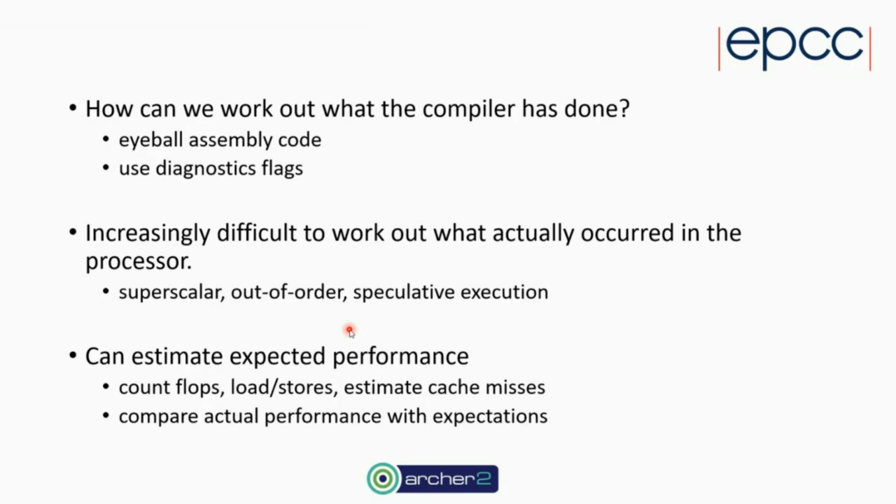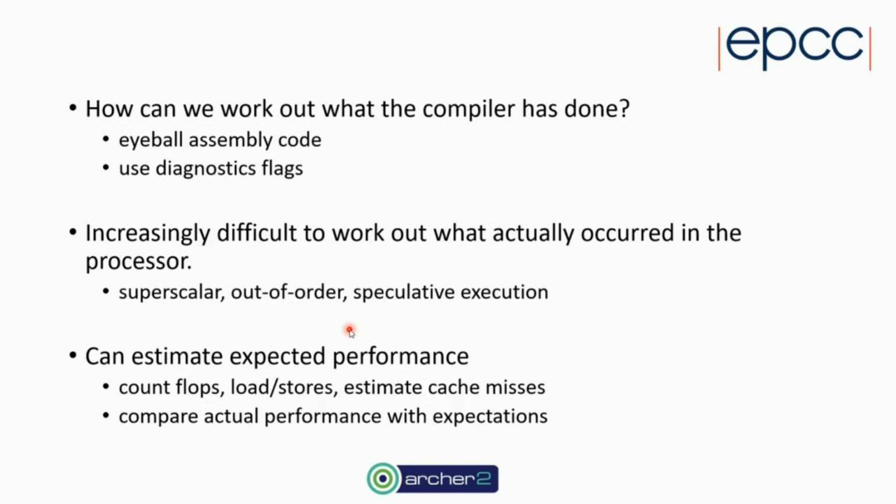There are also some performance modeling approaches which are useful in terms of working out how good your code is, and one that's quite often used is something called a roofline model, where you look at the underlying hardware performance of the system you're on, and then you look at how much theoretically your code should get on that.